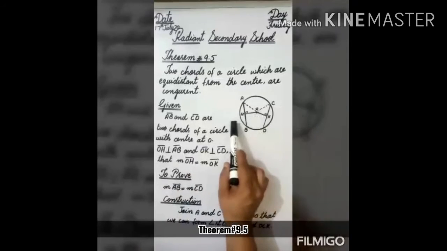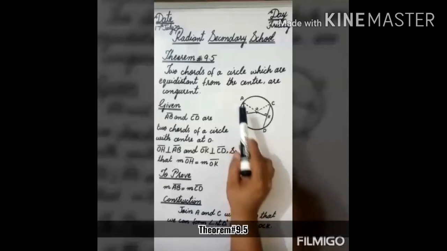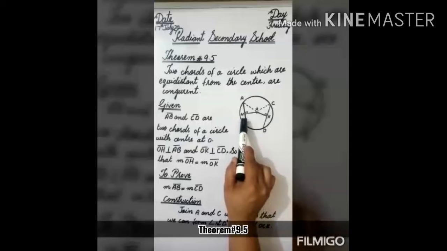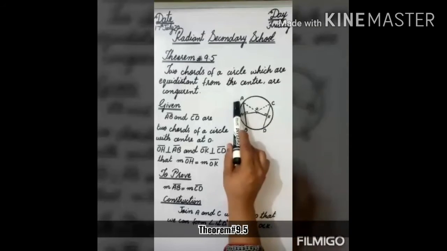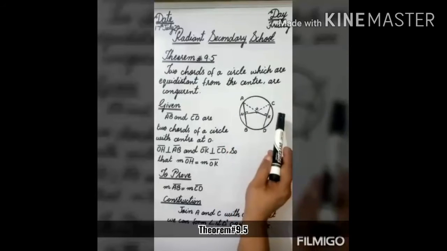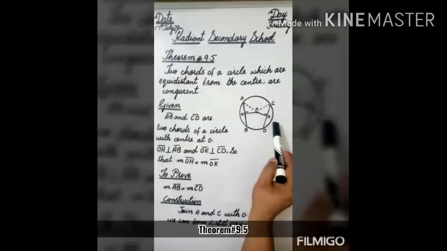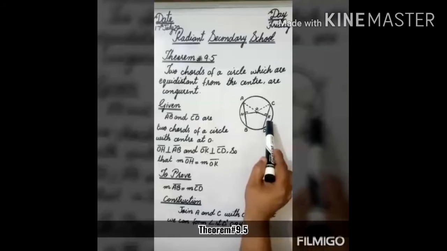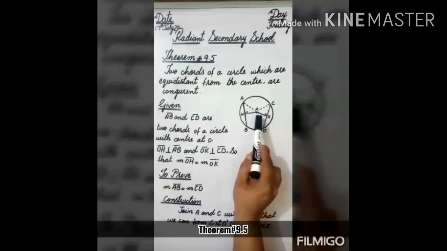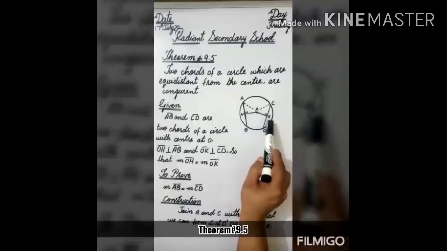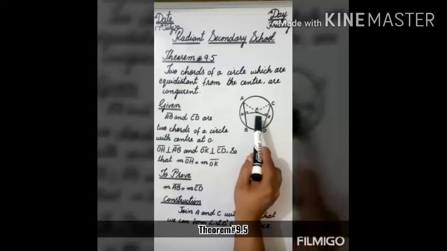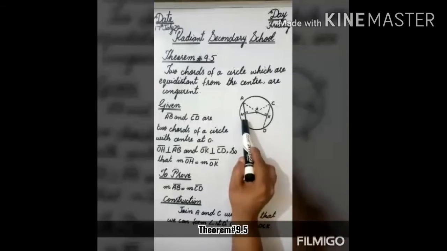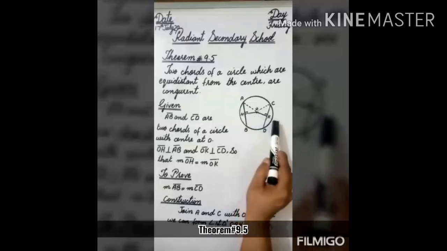Now OH is intersecting the chord AB by making an angle of 90 degrees. That's why OH is perpendicular to AB. Similarly, OK is intersecting the chord CD by making an angle of 90 degrees, so we can say that OK is perpendicular to chord CD. So we have measurement OH equal to measurement OK.